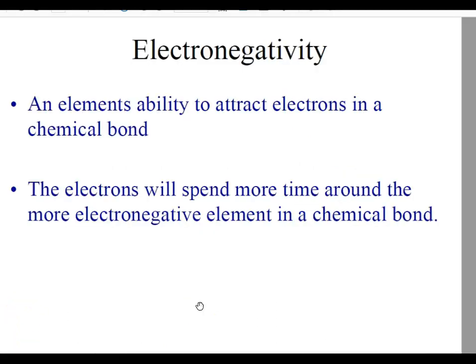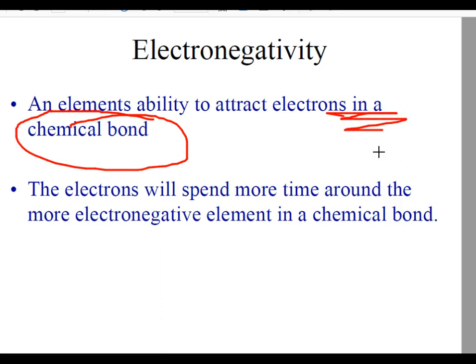All right, back on your notes, just really quickly, we'll talk about electronegativity. The definition is an element's ability to attract electrons, and here's the key, in a chemical bond. So what happens is you put 2 elements together, and then you see their shared electrons, so they're making a bond, which are shared electrons.